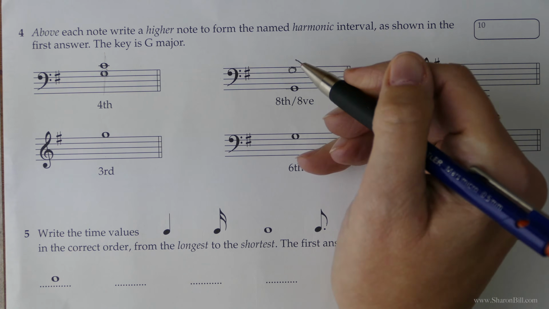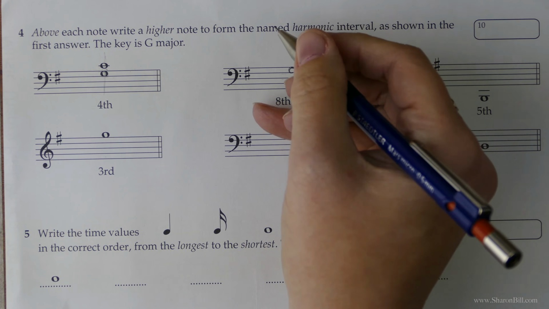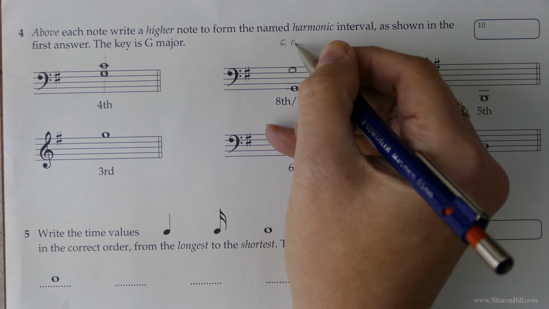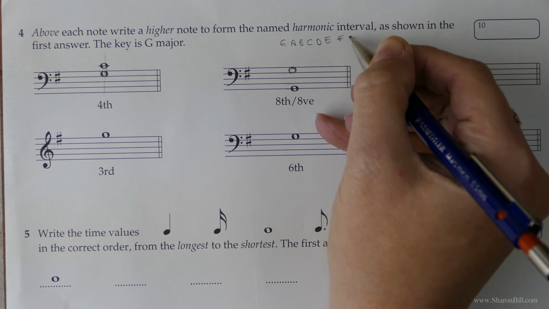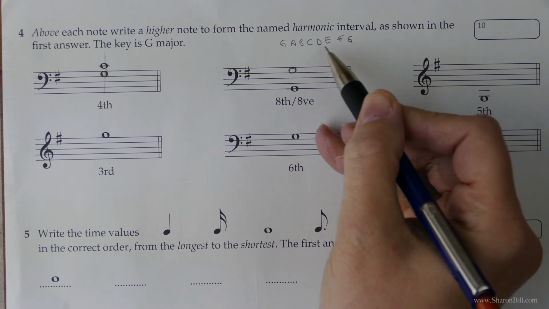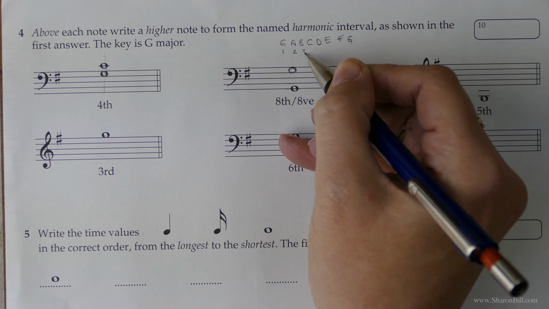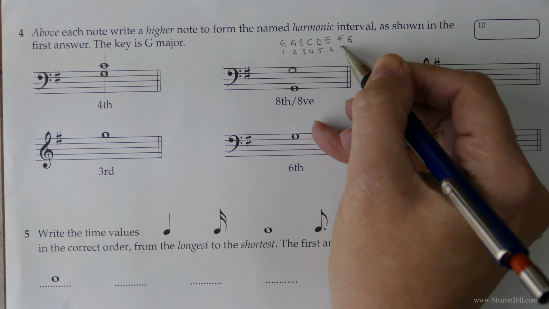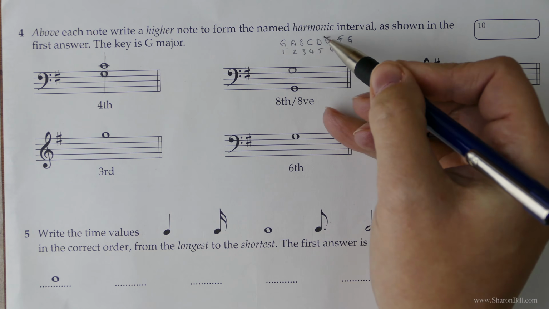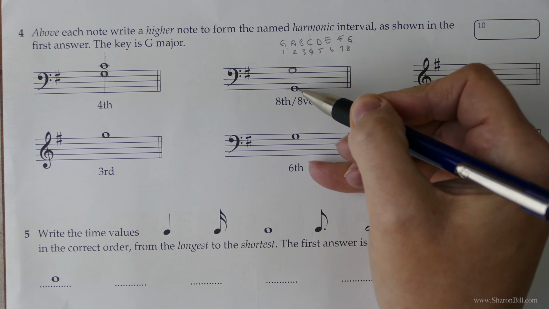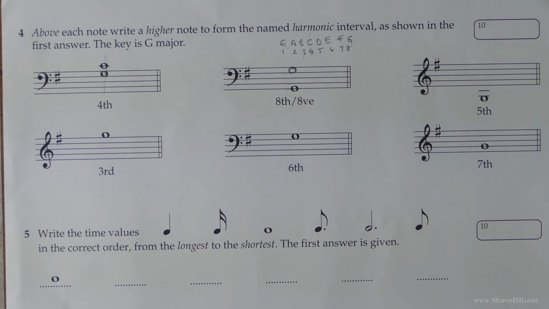Now if you want to be extra sure and just double check that you've not missed the way you count those, just draw out the steps of the scale. I know there's F sharps, but your key signature takes care of that. We've got steps 1, 2, 3, 4, 5, 6, 7, 8. We can see that from G to C, C is a fourth. From G to G, we've got an octave or an eighth. And so we can just double check that here.